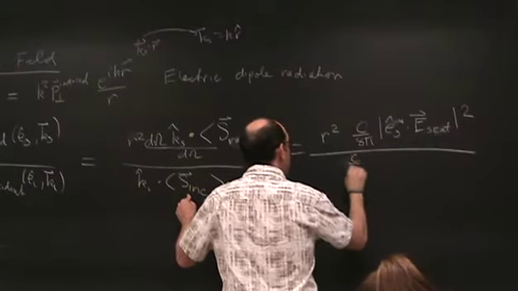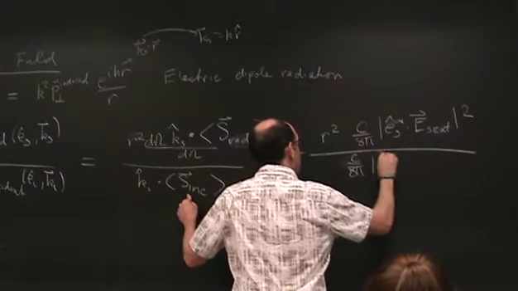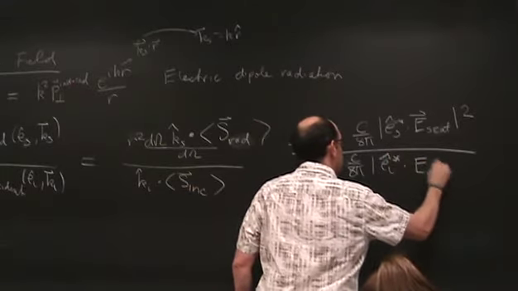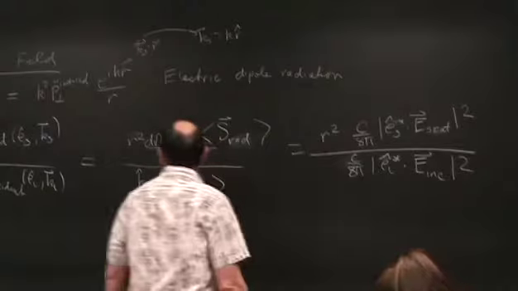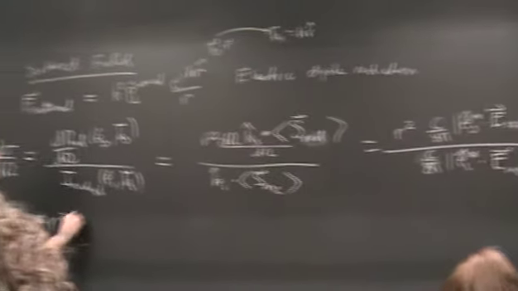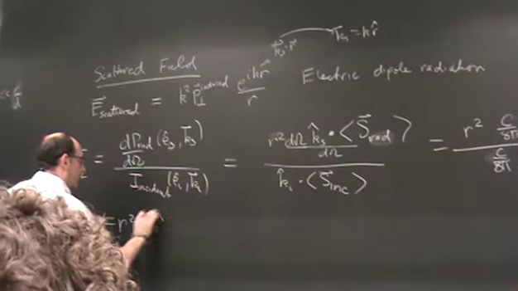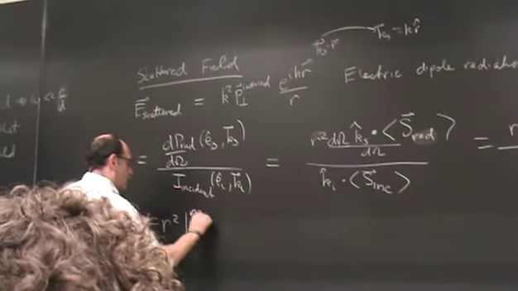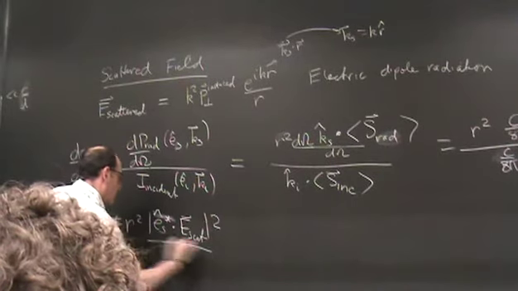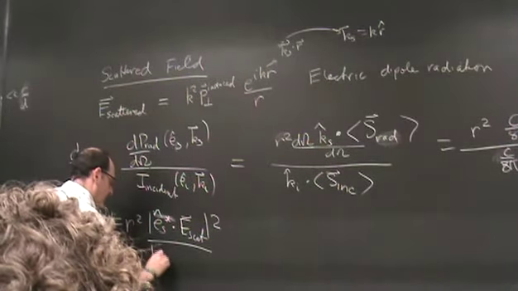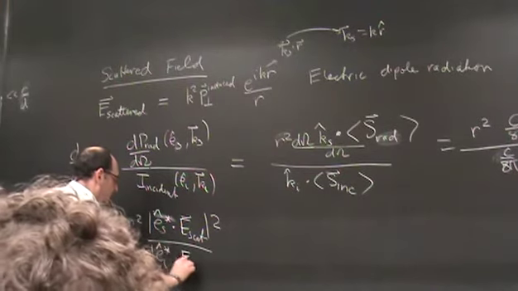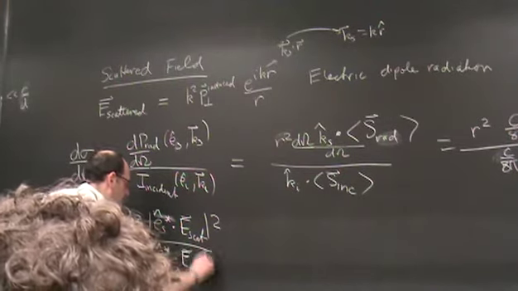This is c over 8 pi, the incident polarization dotted into the incident field squared. So this is equal to r squared, the ratio of that electric field squared over the incident amplitude squared.